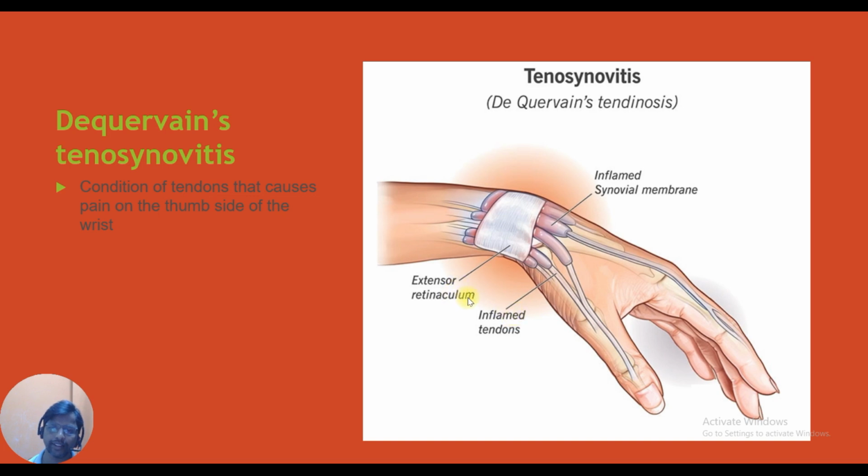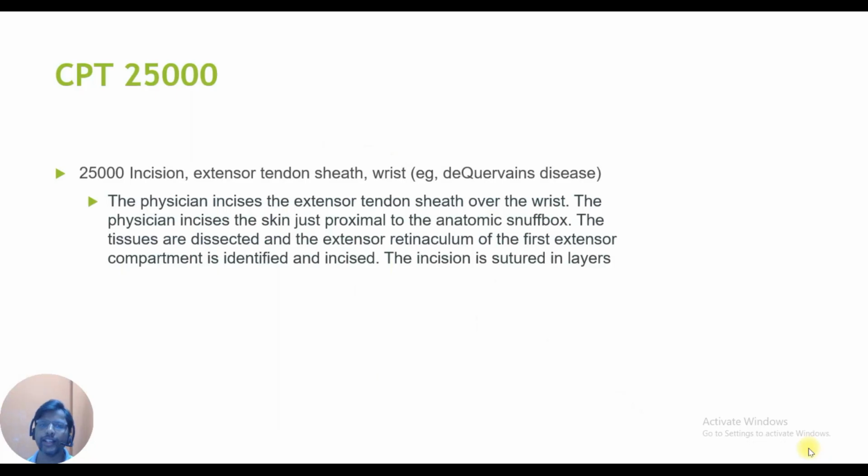This extensor retinaculum will bind all these tendons and synovial membrane. Because of this recurrent tenosynovitis, the patient will most of the time have pain in the thumb area. For this we have only one code, 25000, incision, extensor tendon sheath, wrist. Here the physician will make an incision on the affected area of the tendon.